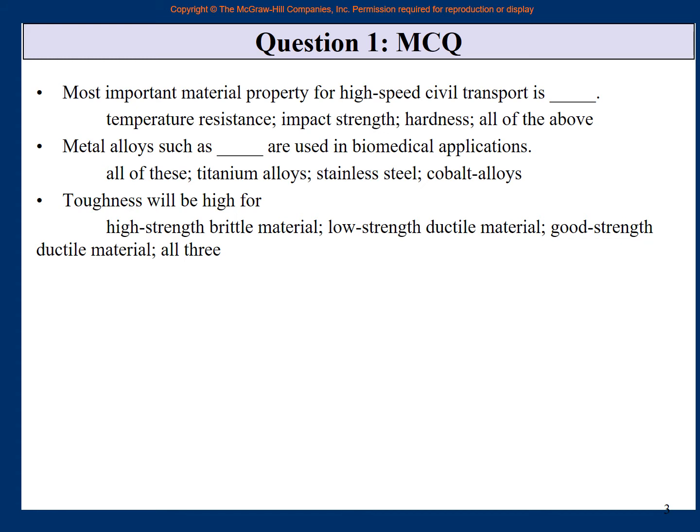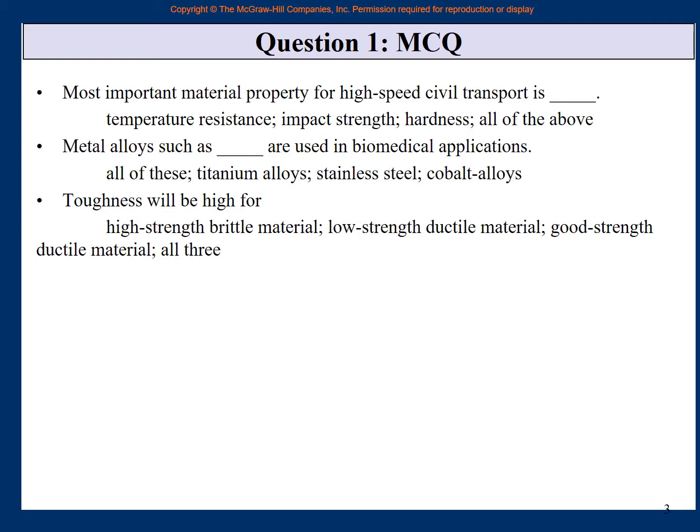Toughness will be high for which one? High strength brittle material, low strength ductile material, good strength ductile material, all three. What do you think? High strength brittle material: strength is high, but it is brittle, so the ductility is very small, and the area under the curve is small.